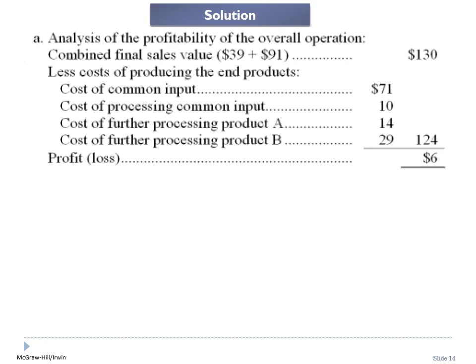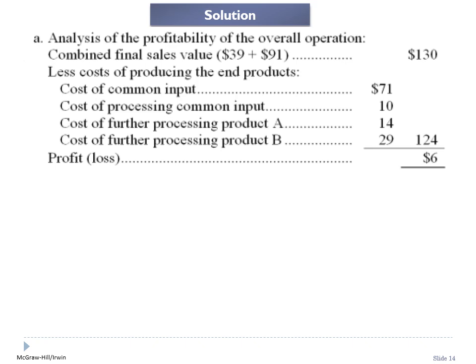The summation of these selling prices, 39 plus 91, equals 130, less costs of producing the end products. These costs consist of cost of common input 71, cost of processing common input 10, cost of further processing product A 14, cost of further processing product B 29.